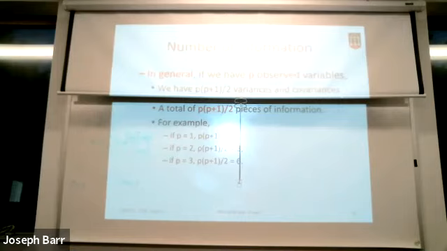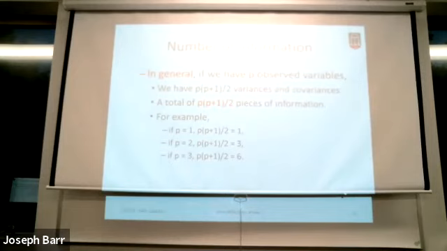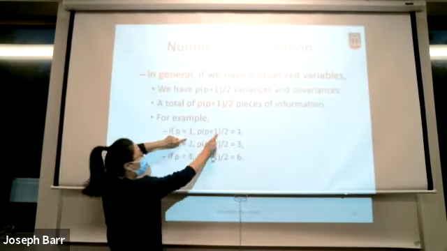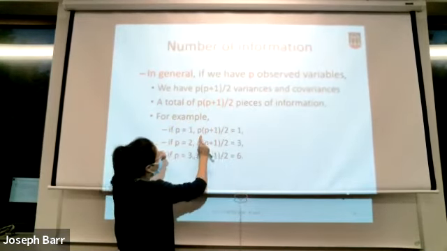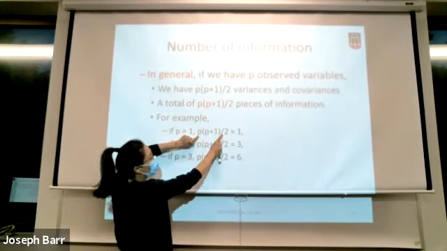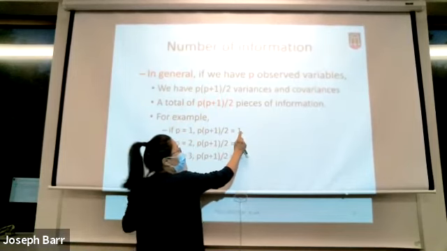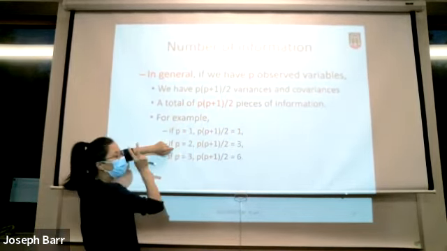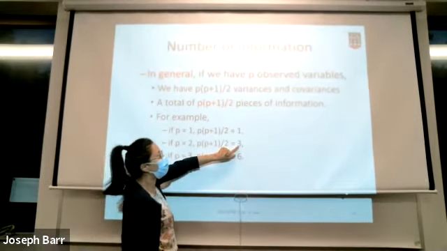We have a formula to calculate that number. If p is 1, there's only one variable, this is the formula: p times p plus 1 divided by 2. P is 1, so 1 times 1 plus 1 is 2, divided by 2, it's 1. There's only one piece of information. When p is 2, you have 2 variables, x and y, and you need to know 3 pieces of information.